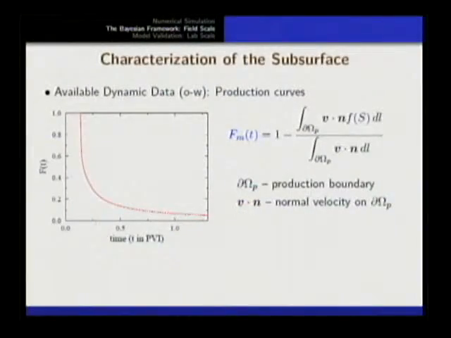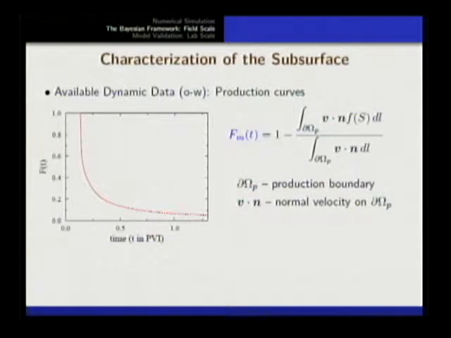And the type of dynamic data that we typically have are production curves. So suppose we are looking at two-phase flow. Initially, you start to pump water in the reservoir, and in a production well, you see for a while 100% of oil produced, and at the breakthrough time, you start to produce a combination of oil and water.